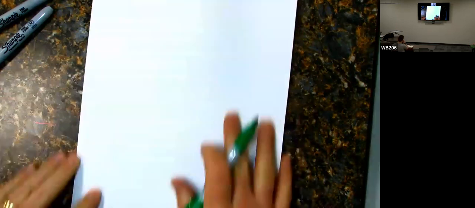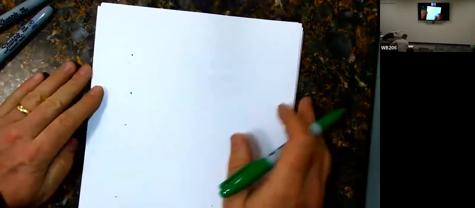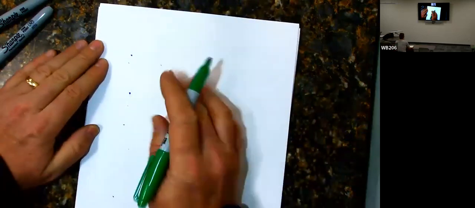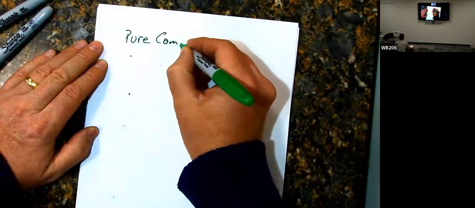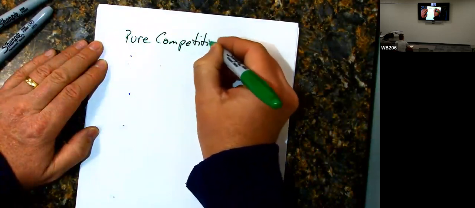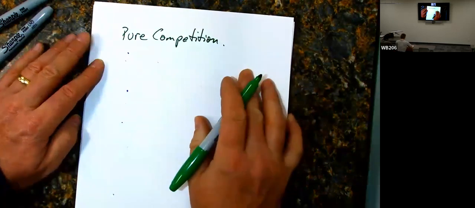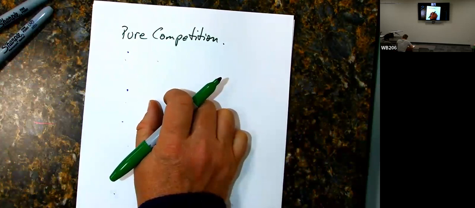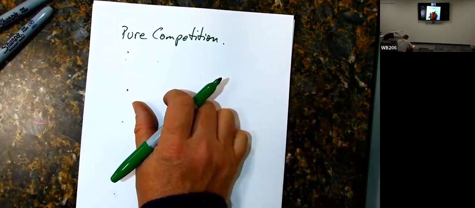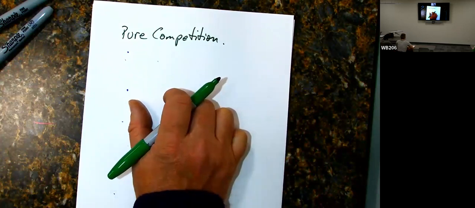Now, we're going to take this and move towards a pure competition model. In a pure competition model, the market, from a consumer's point of view, consists of those firms from which a consumer can purchase a well-defined product. And from a seller's point of view, it consists of those buyers to whom he can sell a well-defined product.